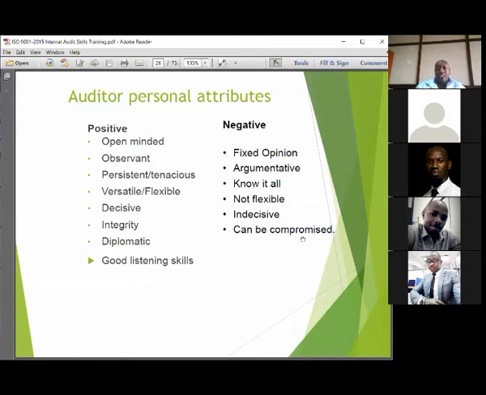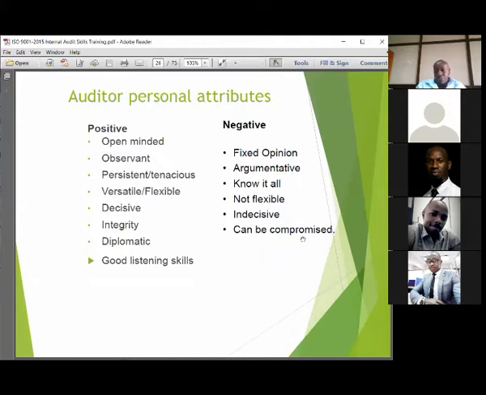Integrity, just touched on as the same as the principles of auditing. You have to be somebody who is trustworthy, somebody who is honest, somebody who cannot be easily compromised. Diplomatic in the way you deal with people.